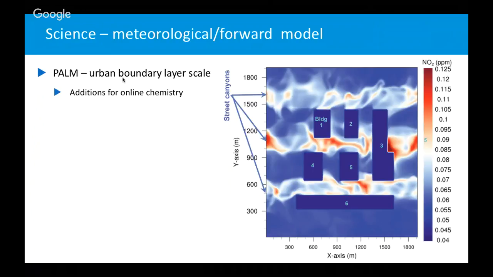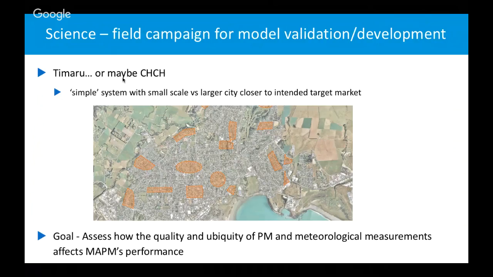So a big part of the science is to do a field campaign to validate this and to provide the boundary conditions for the model. So at the moment we're thinking Timaru, and I just found this online this morning. This is most of Timaru with some of the areas where they deployed 20 Mote sensors, and someone from Mote is here today, I think, maybe. Anyway, Environment Canterbury had a field campaign last year and put out 20 different sensors.